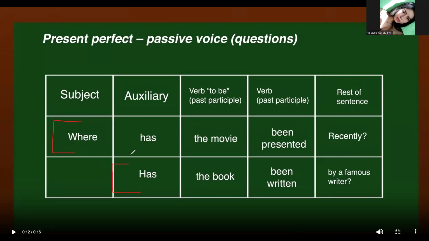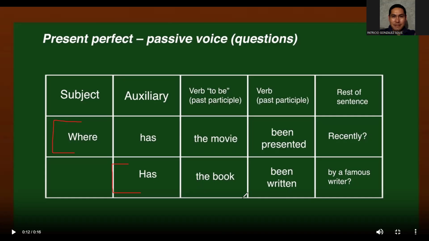Subject is where, auxiliary has, verb to be past participle, the movie, verb past participle, then present, and rest of sentence recently. The second is auxiliary has, verb to be past participle, the book, verb past participle, being written, and rest of sentence by a famous writer.